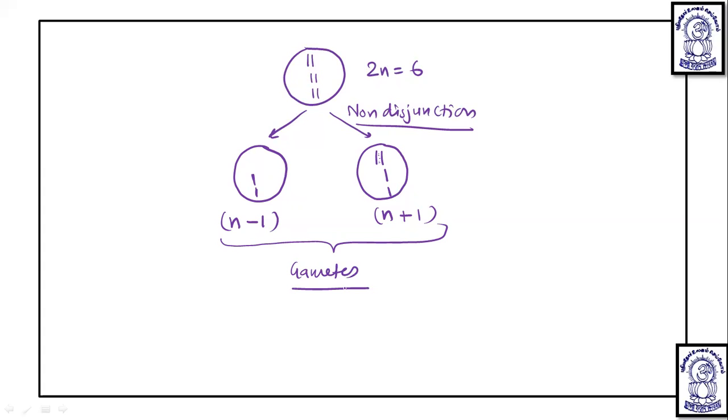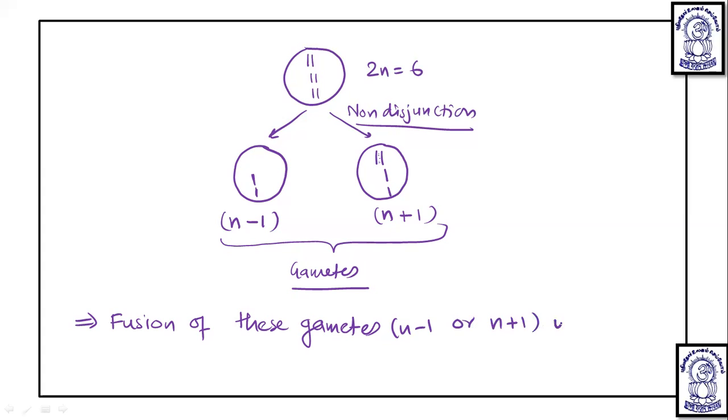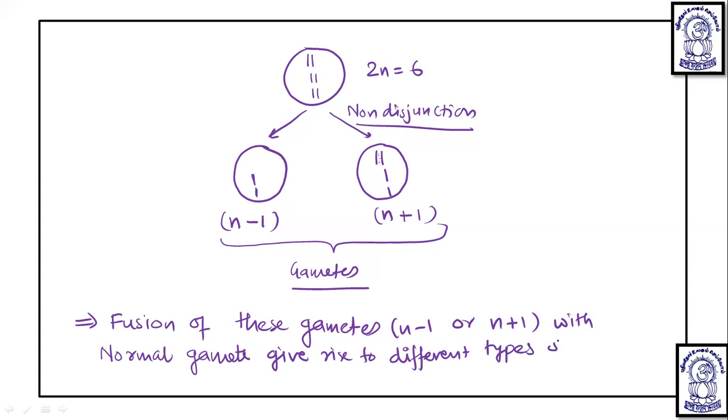Okay. Now fusion of these gametes, that is n minus 1 or n plus 1, with a normal gamete gives rise to different types of aneuploids.